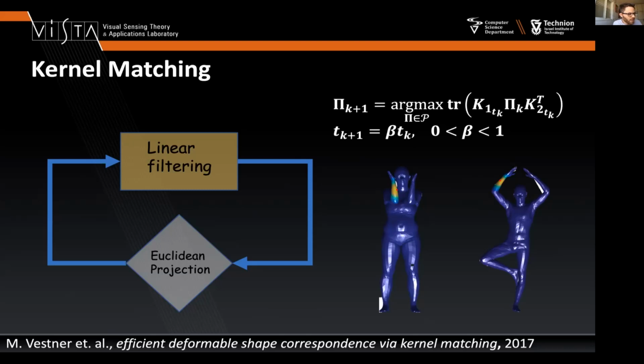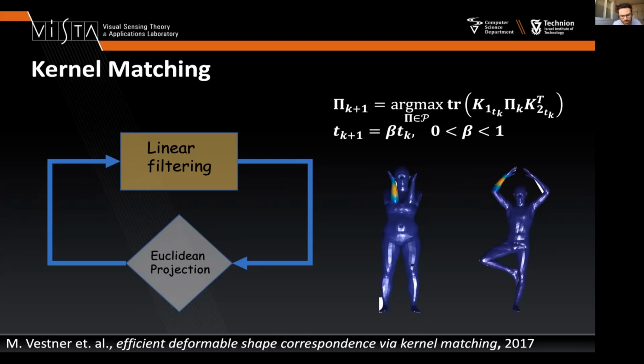Also, there's some notion of multi-scale here. There's this parameter T, which is the propagation time in the heat propagation. What we did here was we started with a very, very large T. It means that even if we have a very, very rough correspondence, for example, only, I don't know, 2 points, one in the head and one in the leg, we diffuse it very harshly. So this information is going to propagate to the rest of the shape.